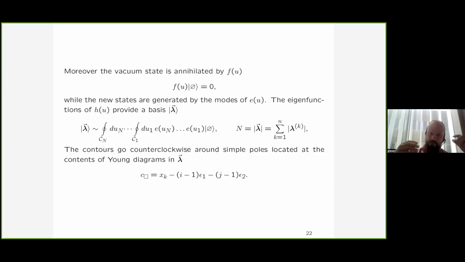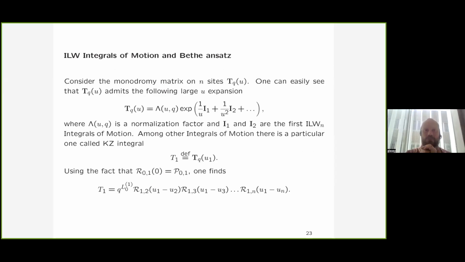But there is a more general integrable system called intermediate long wave. It depends on the twist parameter, which is not zero. I'll call the twist parameter Q. So I'm just taking the twisted transfer matrix.